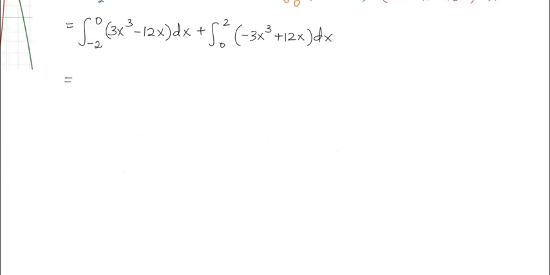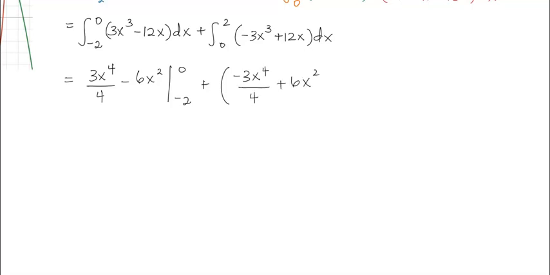I'll go ahead and integrate these using the power rule for integration, leaving me with 3x to the 4th minus 6x squared. That will be evaluated from negative 2 to 0, and to that we will add what we get from the second integral, which will be negative 3x to the fourth divided by 4, plus 6x squared. That will be evaluated from 0 to 2.